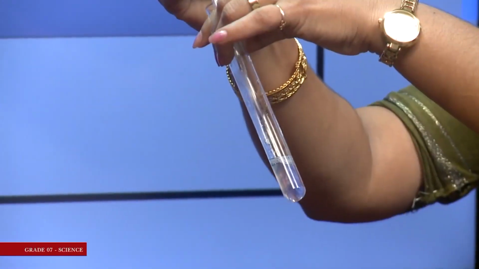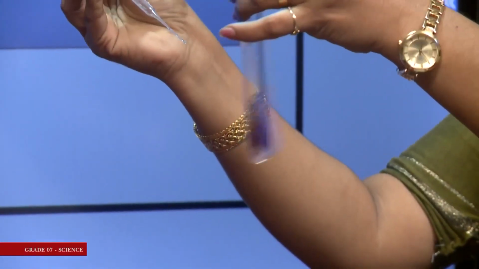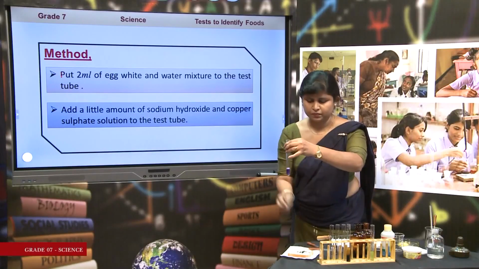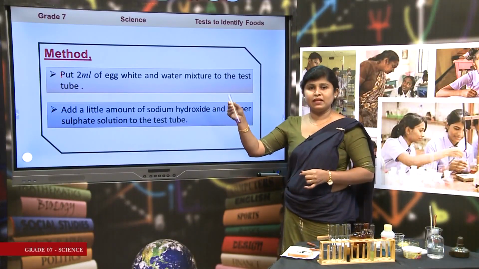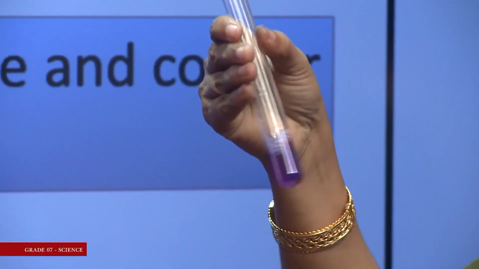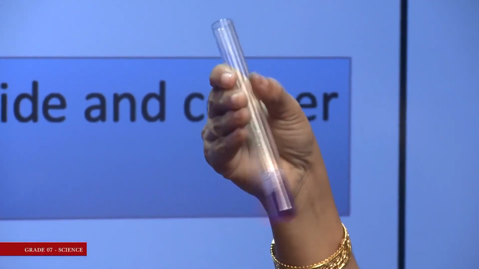It is put into the test tube and I can shake well. You can observe a purple color is visible there. What is the color? Purple. The purple color is visible there.